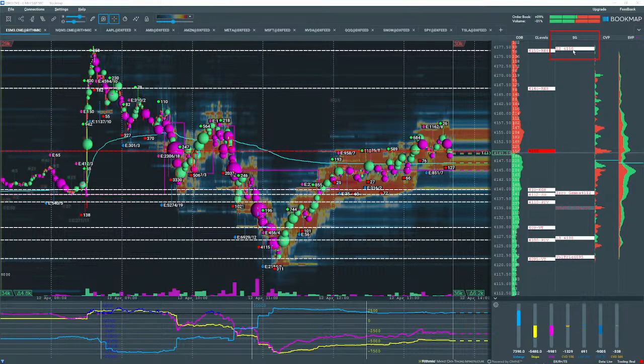Spotgamma is using a 27-point difference between SPX and ES. So this is an SPX level converted to an equivalent ES number, and I calculated that they're using a 27-point difference. I calculated it at 26.5, so slightly different. And I'm showing those levels and a little bit more in my cloud notes.